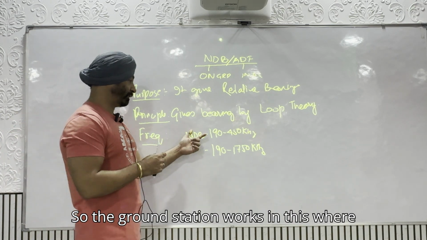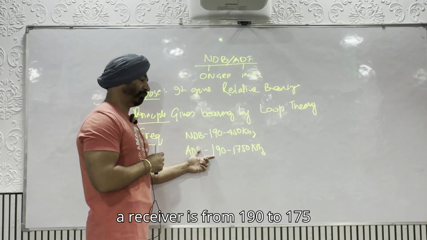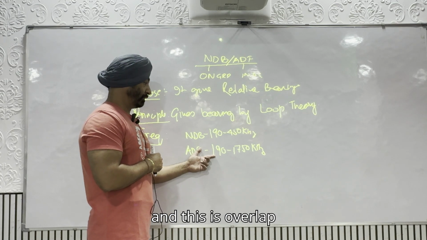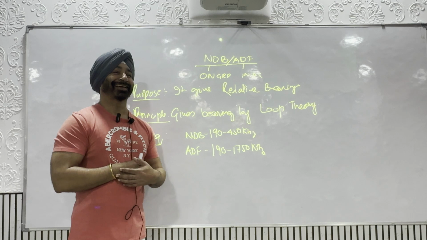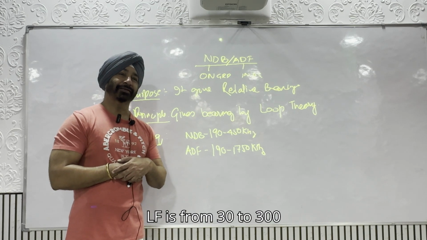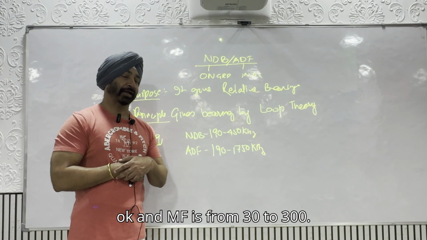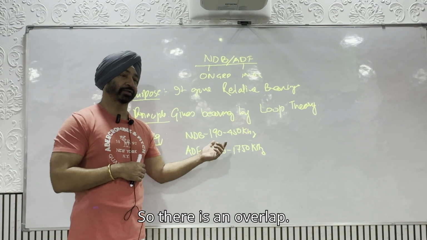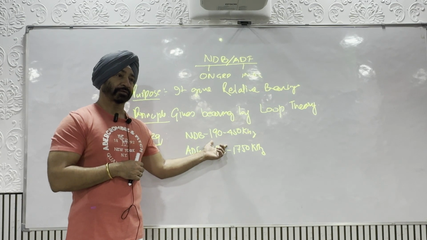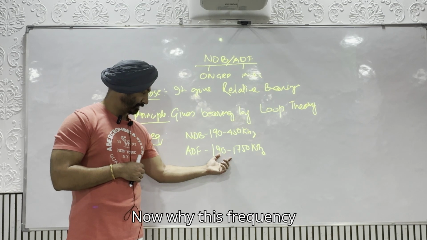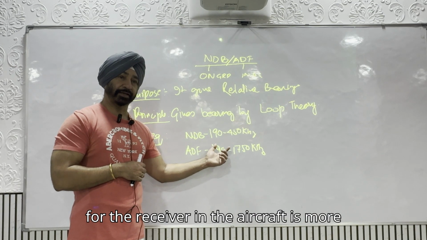So the ground station works in this, where the receiver is from 190 to 1750, and there's an overlap. LF is from 30 to 300, okay, and MF is from 300 to 3000. So there is an overlap. Now why is the frequency range for the receiver in the aircraft more?